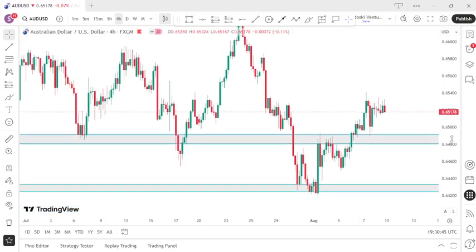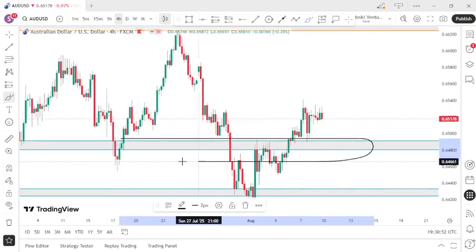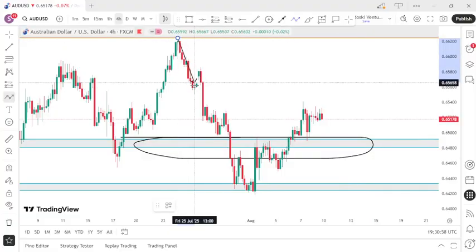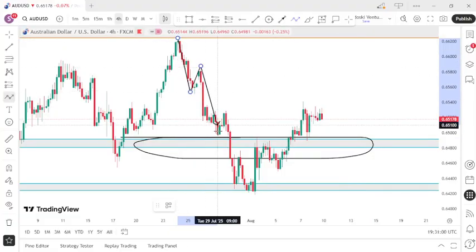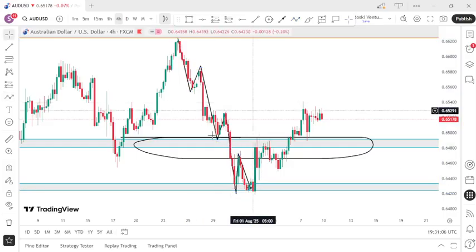So on the 4 hour time frame, you can see that AUDUSD has broken this daily resistance because previously price was in a bearish form, creating a series of lower lows and lower highs. So here was a resistance.